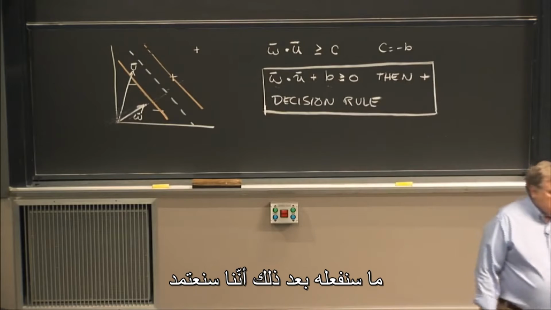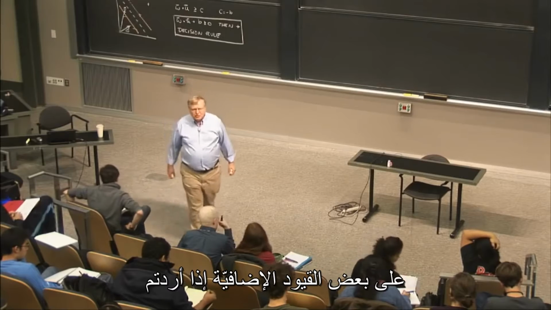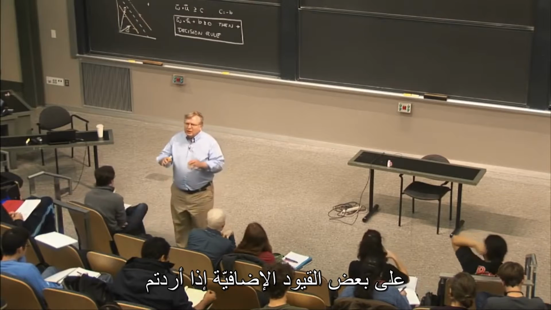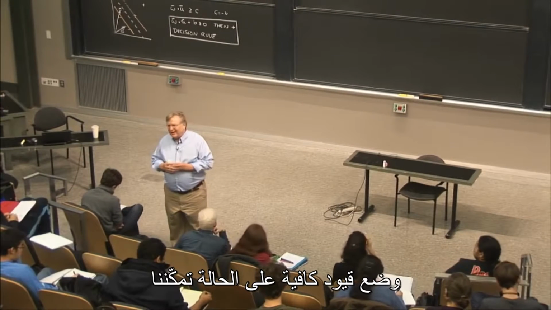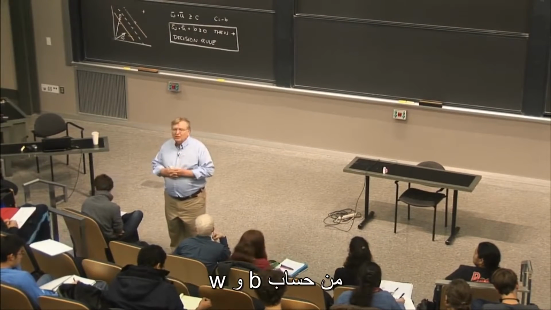What we're going to do next is lay on some additional constraints with a view toward putting enough constraint on the situation that we can actually calculate a b and a w.